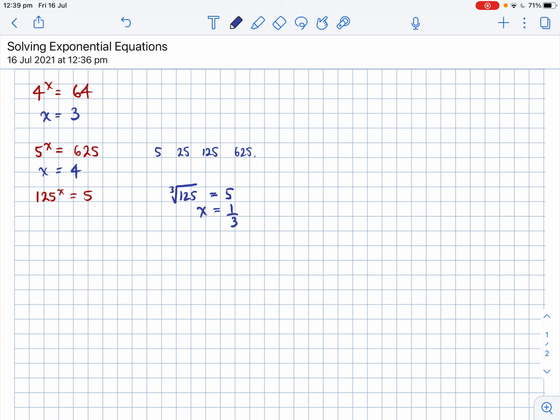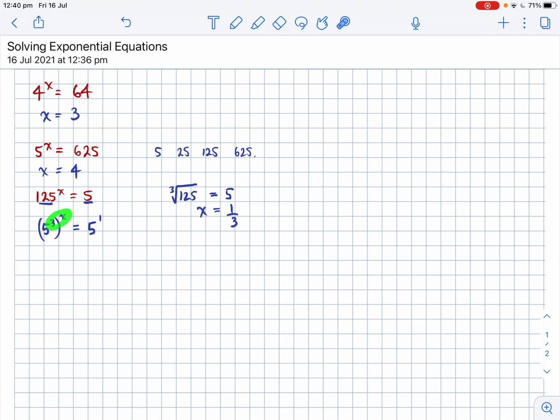But if you're having trouble with that, what we can do is we can write both parts to have the same base. So let's write this 125 with a base of 5, and that would be 5 to the power of 3. And then on my right hand side, my base is 5, my power is actually 1, and I'm going to write the 1 to help me with the working out.